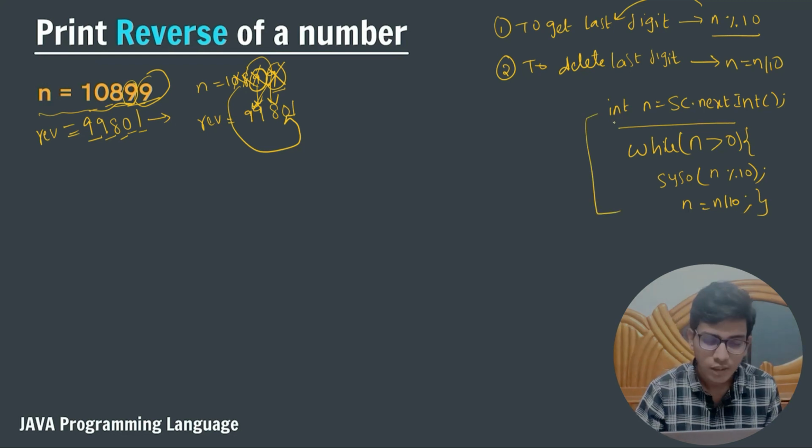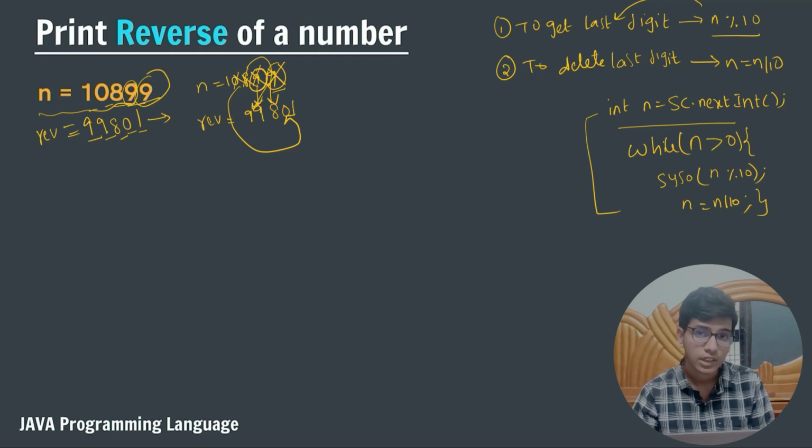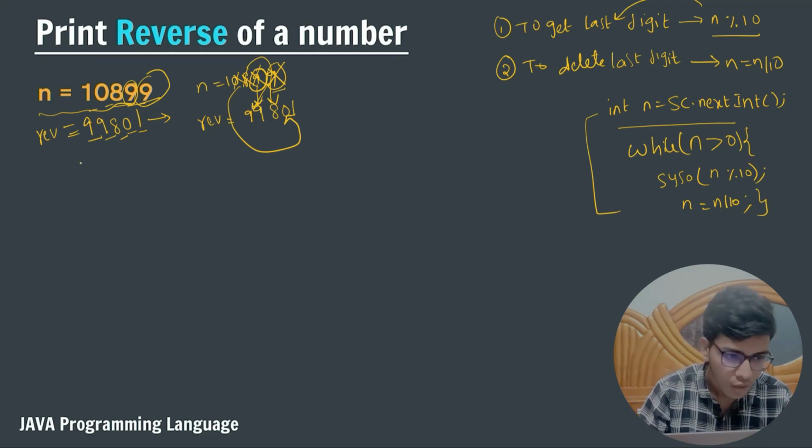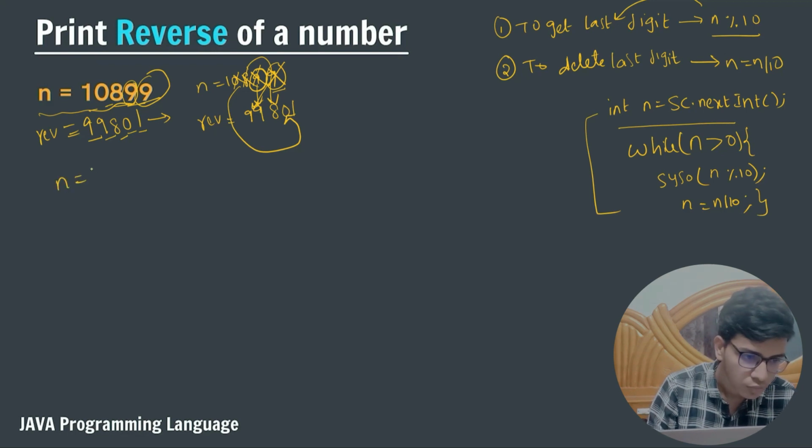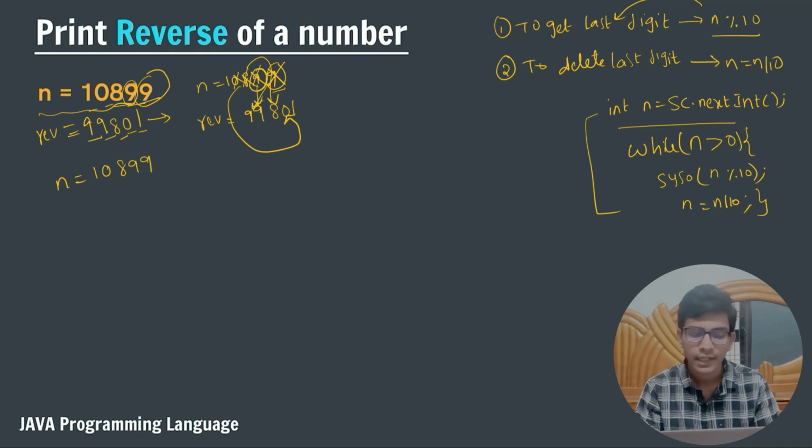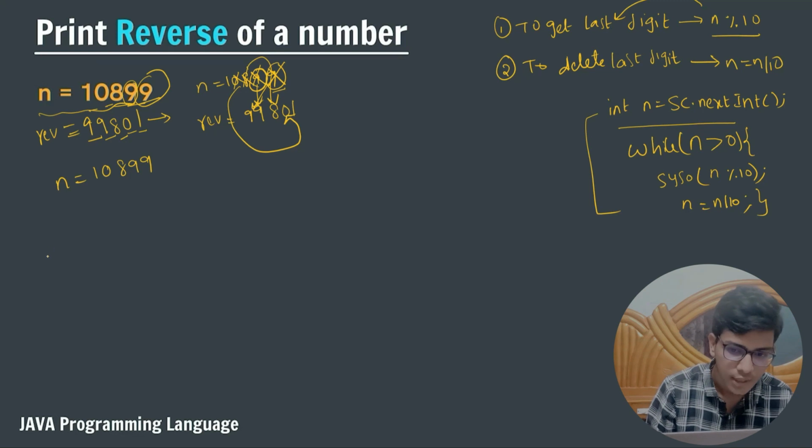Now let us dry run this first. By doing a dry run, we can understand what is going on in the code and what is the logic behind it. So first of all, n is equals to 10899. So n is equals to 10899 is the value given by our user. After that, we can see that the condition, n is greater than 0, is true.